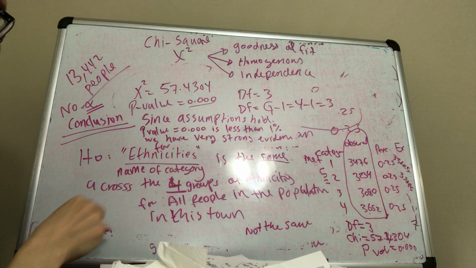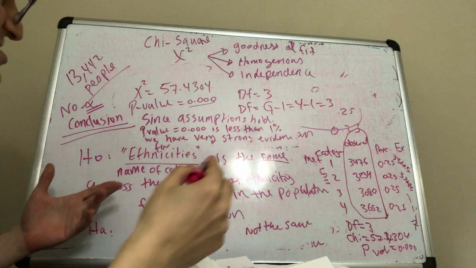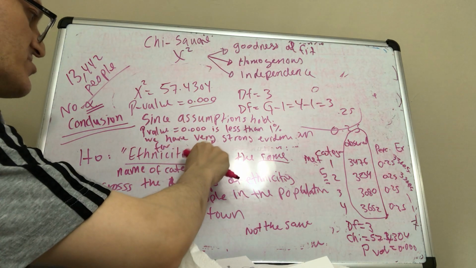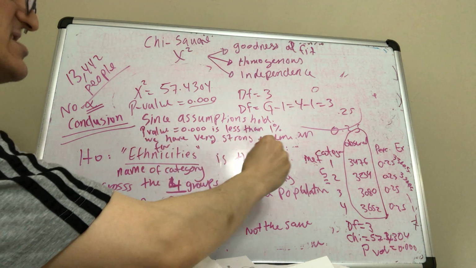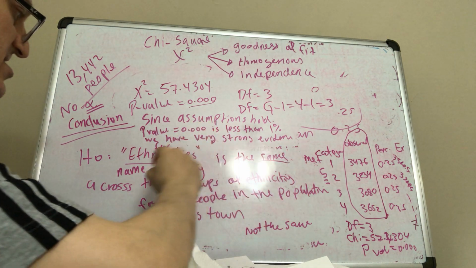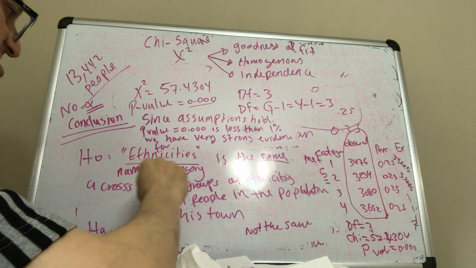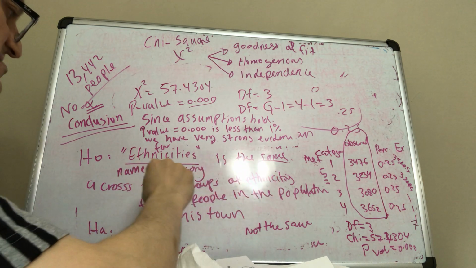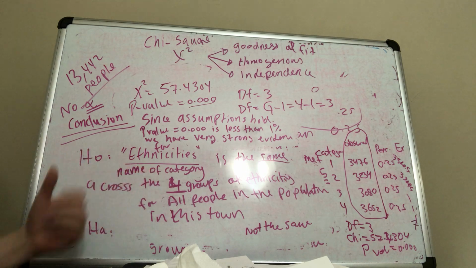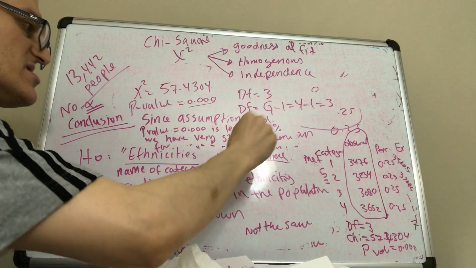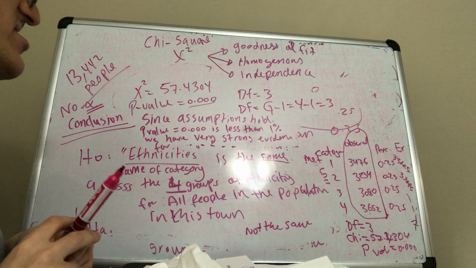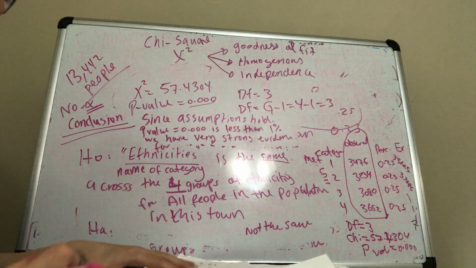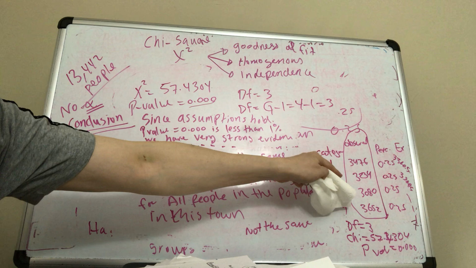But instead of HA, you say what HA is. So we have strong evidence that ethnicities is not the same. So we have enough evidence that the ethnicity is not the same across the 4 groups in the population. So you repeat HA. Okay.